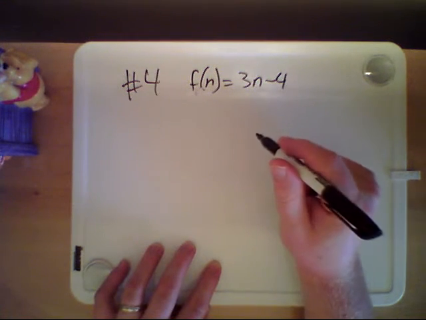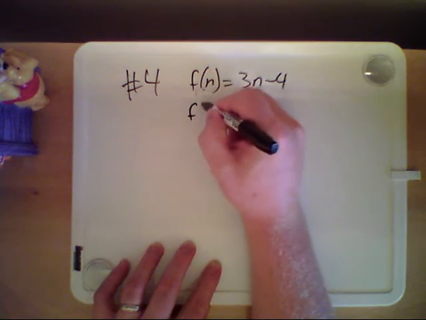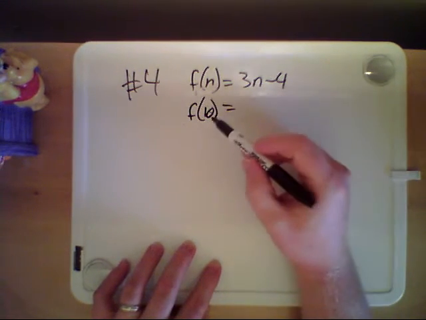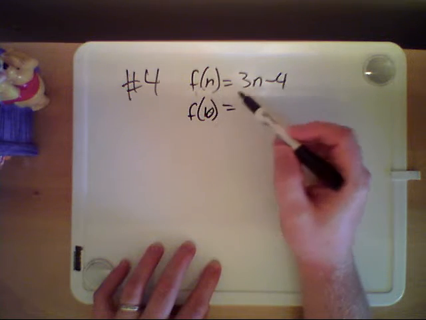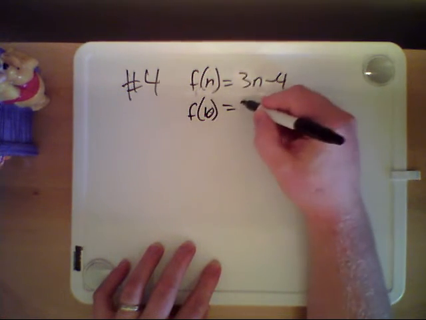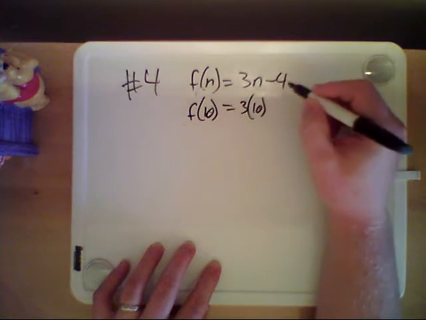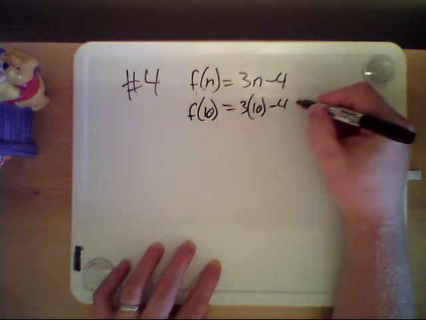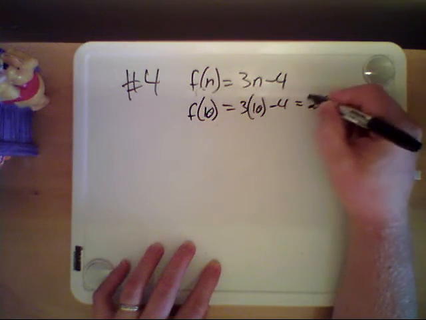Okay, we're asked to find f of 10. So we're going to put 10 through the f machine. So it's going to be 3 times 10. Anytime we see an n, we're going to plug in a 10. So it's going to be 3 times 10 minus 4. 3 times 10 is 30. 30 minus 4 is 26.